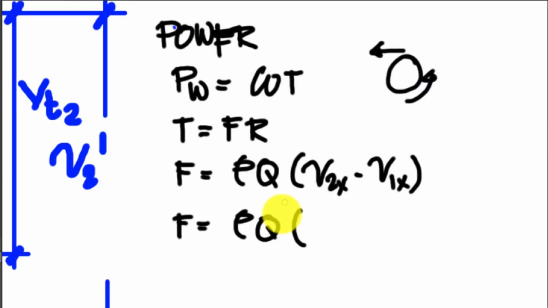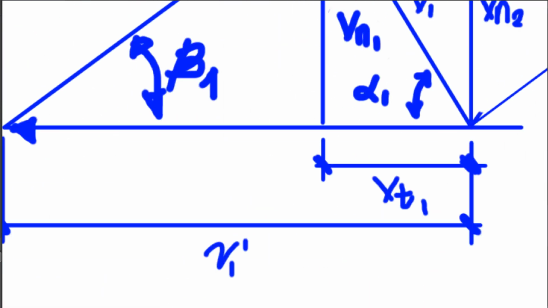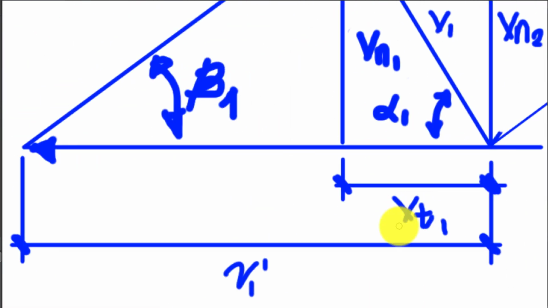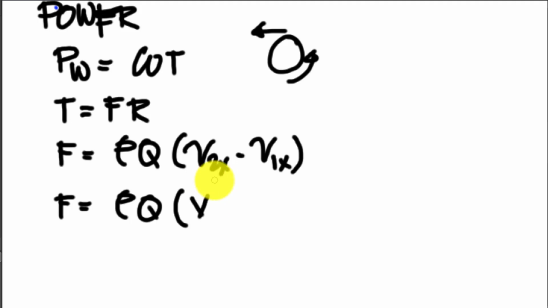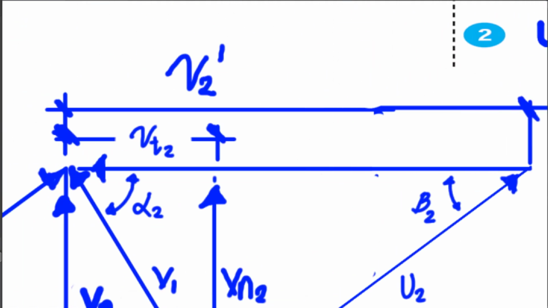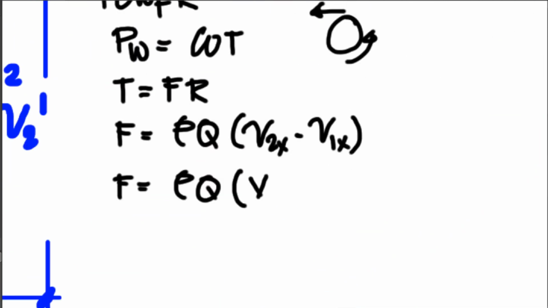Referring to the figure, the tangential velocity at point 1 will be represented as V_t1. Let's go back to the equation. That will be V_t2, sorry. So the tangential velocity at point 2. Let's substitute that one and change it to V_t2, and the corresponding one will be V_t1.